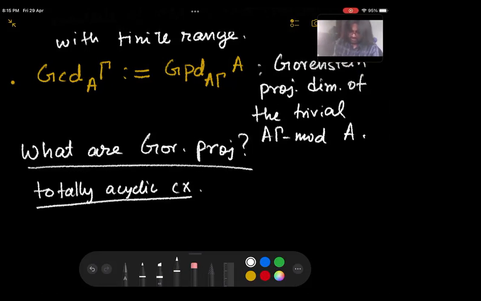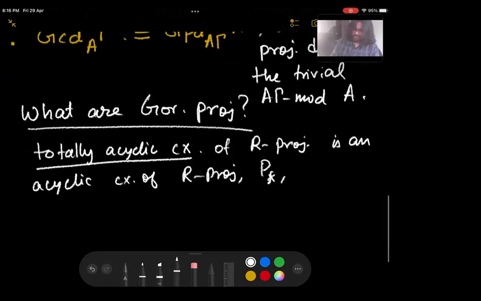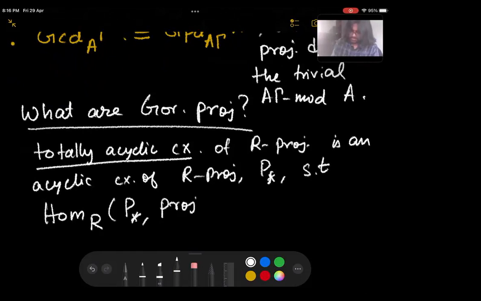The totally acyclic complex of R projectives is an acyclic complex of R projectives, let's say for any ring R, of course, R doesn't need to be commutative here. So let's say this is P star, such that Hom_R(P star, any projective module) is acyclic.